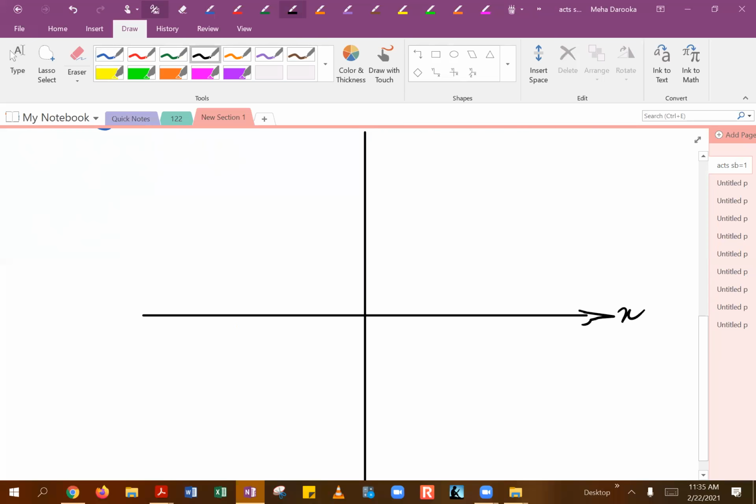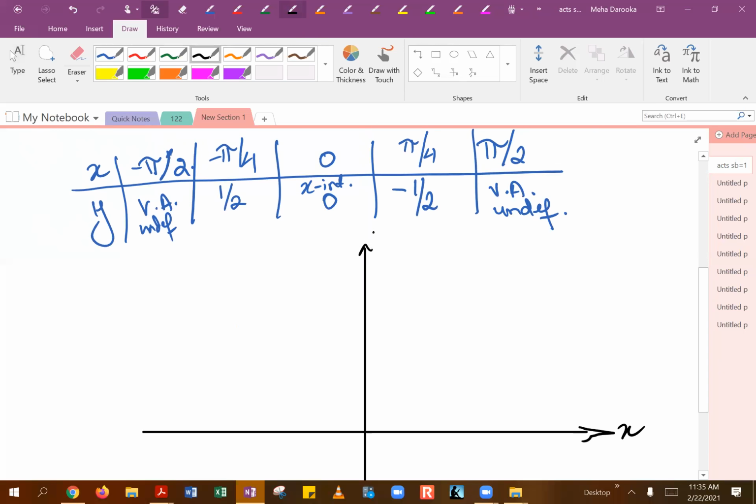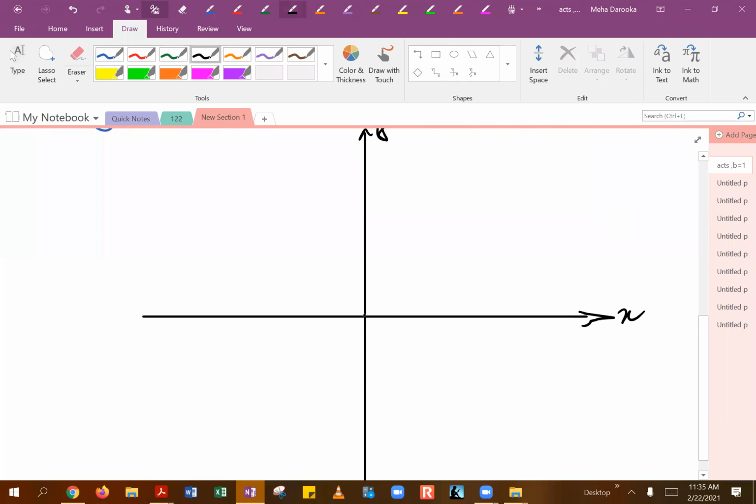Okay, so this will of course be our x-axis. This will be the y-axis. And of course, our x-axis is going to be broken up. We have 0. We can do pi over 4, pi halves. So that would be 3 pi over 4, pi, positive pi, and then same thing on the negative side.